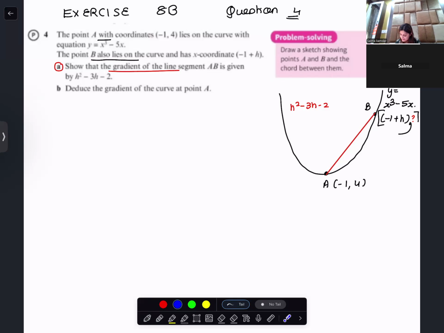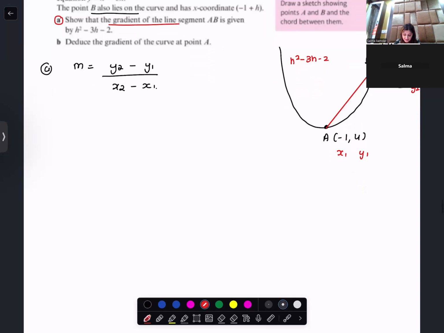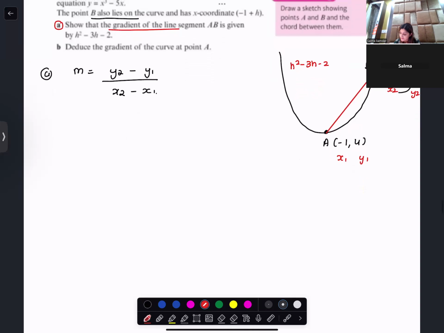When I say I want the gradient of the line segment AB, that means the gradient m is equal to y2 minus y1 over x2 minus x1. If I say my x1 and y1 are the coordinates of A, this is x2 and this is y2, the coordinates of B. So now let's substitute.